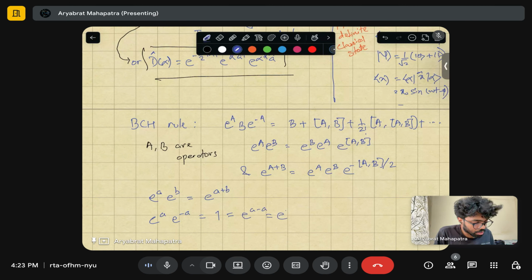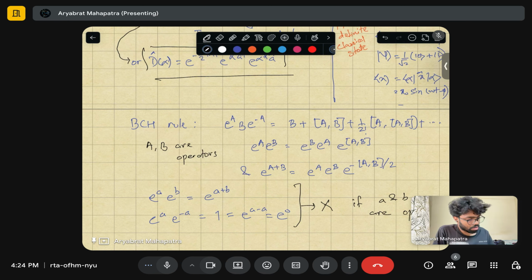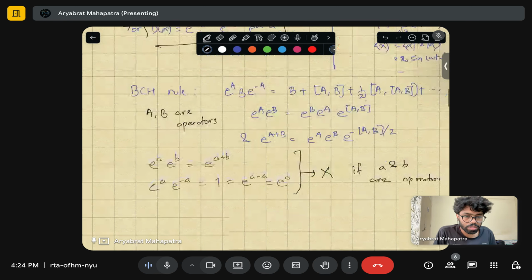But these things will not work, these are incorrect, if A and B are operators. So you cannot do this.